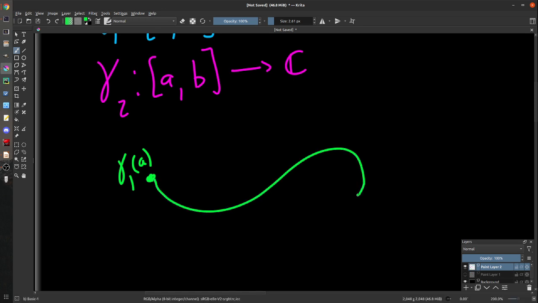I have them even self-intersect all weird. These guys are exactly the same.